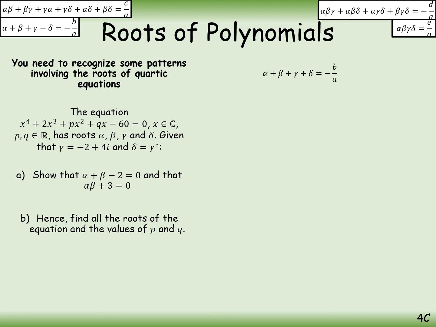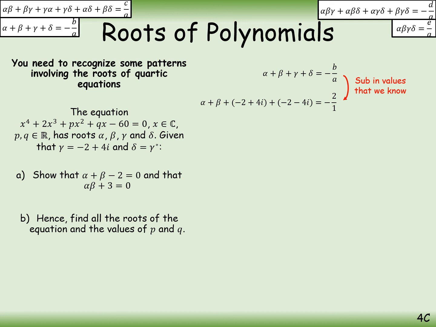So we know the sum of the single roots is equal to minus b over a. So if we substitute the values, alpha plus beta plus gamma, which is this, and then plus delta, which is this. Remember here, delta, we were told, is the conjugate of gamma, so it's just minus 4i.